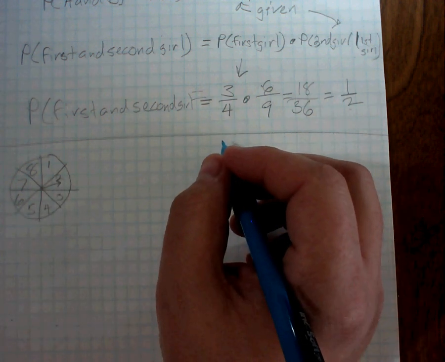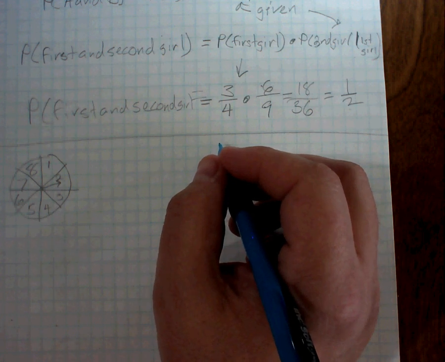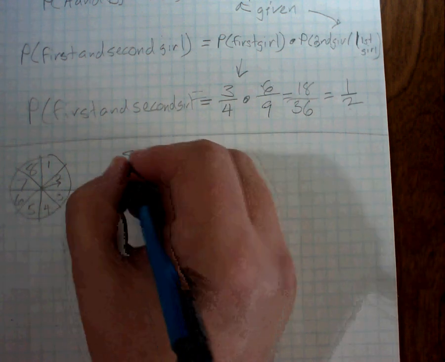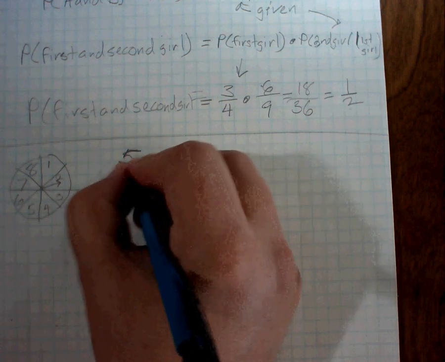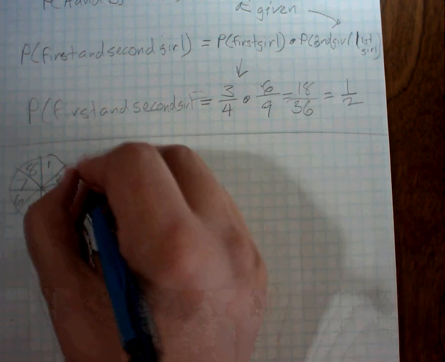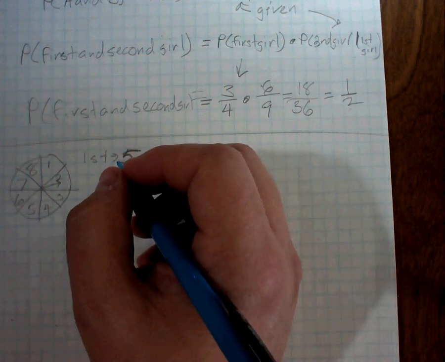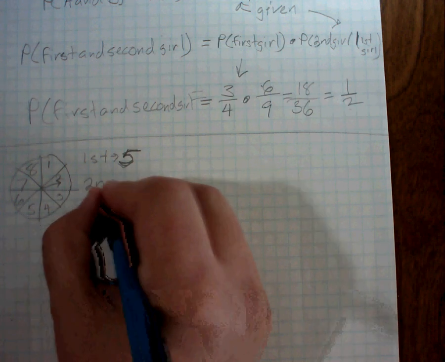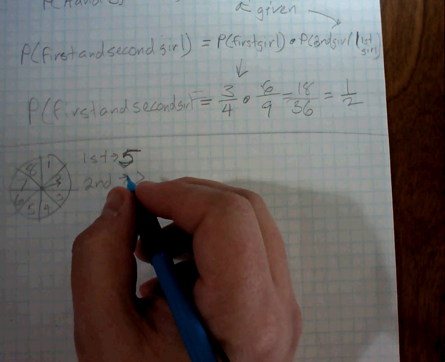The question is, as part of a board game, you need a spinner which is divided into equal parts. Find the probability that you will get a 5 on your first spin, and a number greater than 3 on your second spin. Greater than 3.